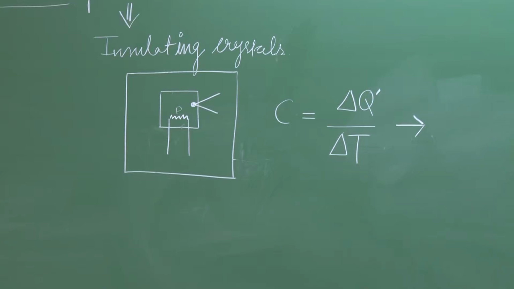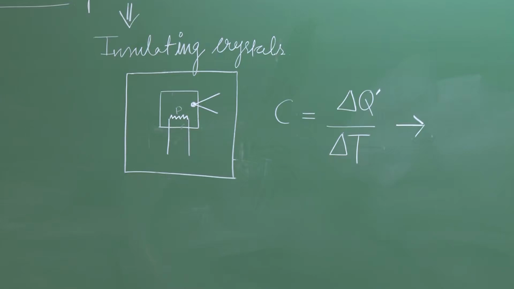But besides that, if you also have electronic degrees of freedom, if you also have electrons in the material, then the electrons will also absorb heat. The temperature of the electronic bath will also increase. So, the electronic subsystem will also participate in the specific heat.